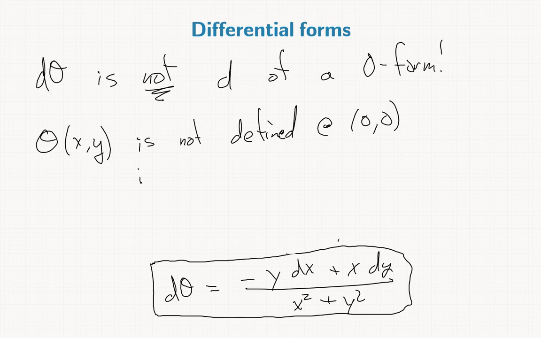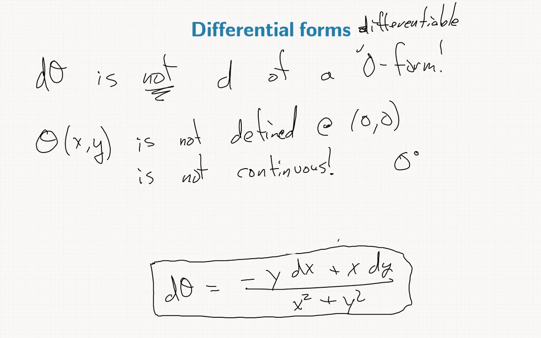But it's also not continuous. Maybe I should say it's not d of a differentiable zero form. Theta is not continuous, basically because 0 degrees is 360 degrees, is 720 degrees, and so on.